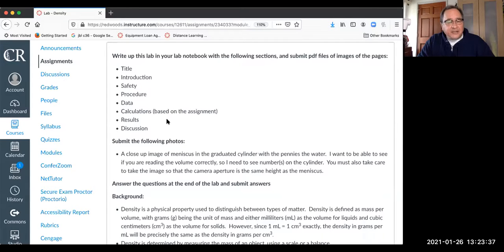So you're actually going to get 2 densities for the pennies, one where you use the volume by water displacement, and the other where you use the volume by geometric shape. And then you're going to do the same thing for the dimes.